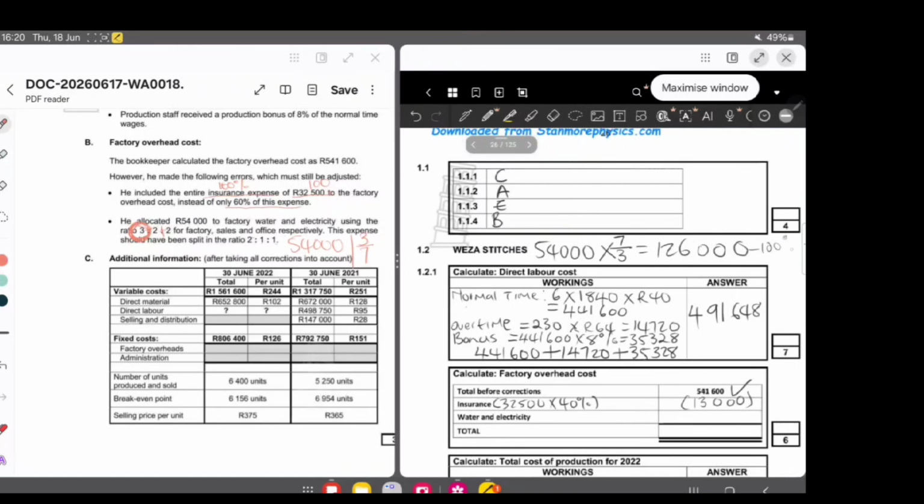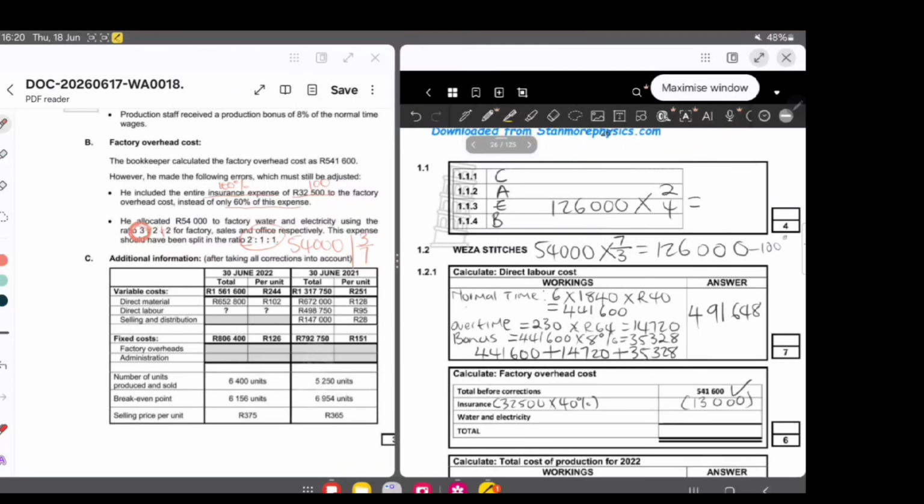So now that we have the whole water and electricity, we need to reallocate it according to the new or correct ratio. So we can say 126,000 rands times 2, because for factory it's 2, then 2 plus 1 plus 1, the new ratio split, is 4.